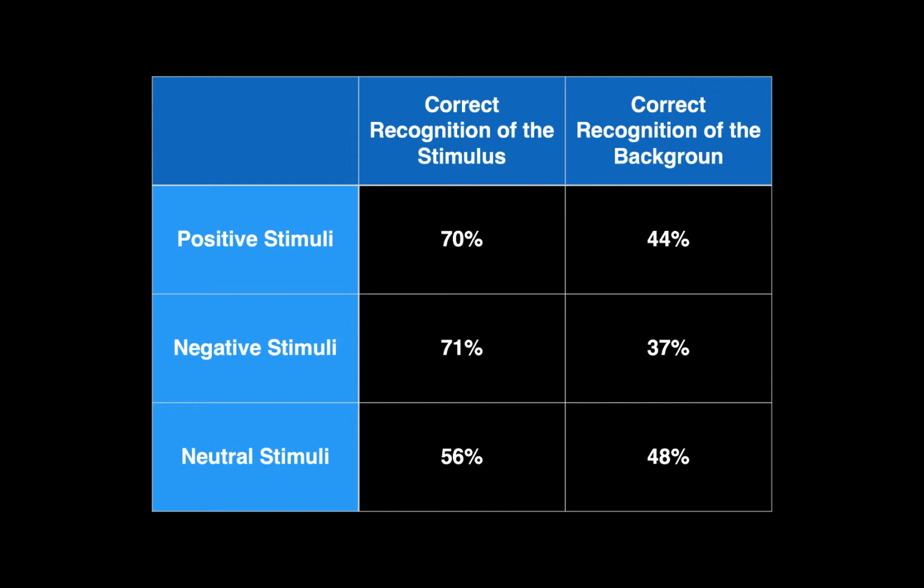Therefore, when people watched either a non-violent or violent film and were asked to recall the two brand names that appeared in the commercials, they recalled significantly better the commercials that had appeared in the non-violent film. About 44% remembered the brand under positive stimuli, but only 37% under negative stimuli.